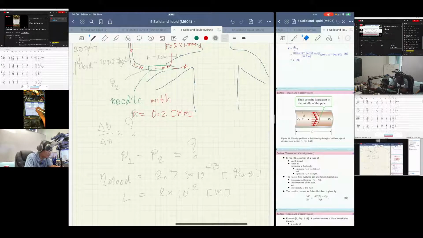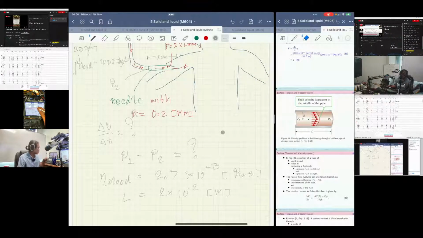But we still get stuck with P1 and P2, the pressure difference.